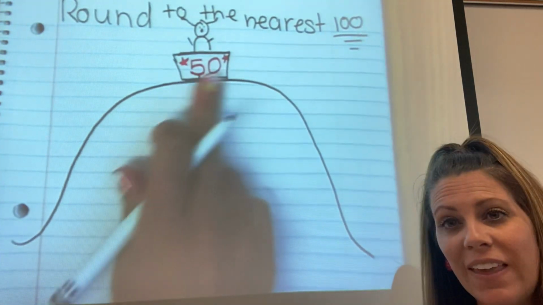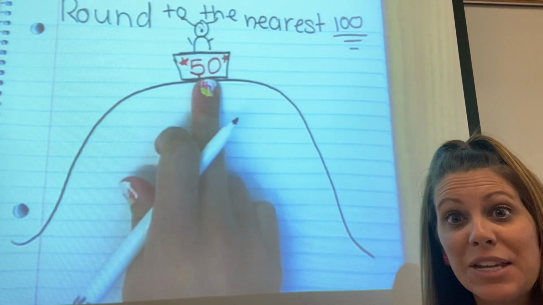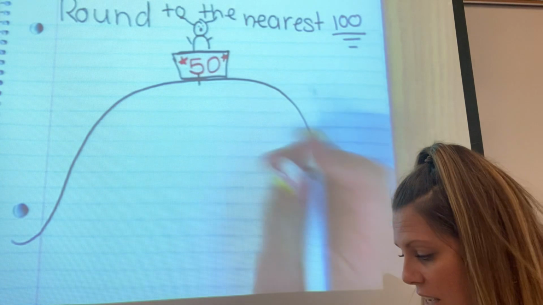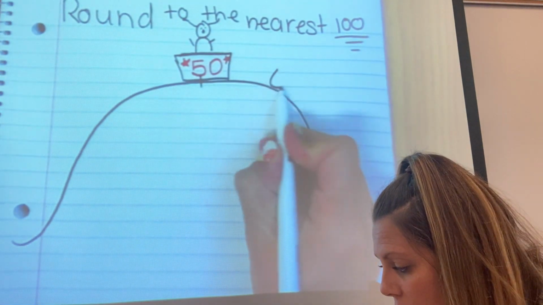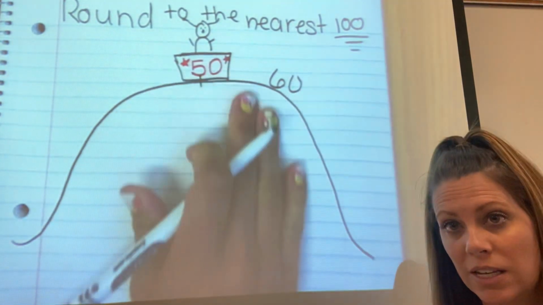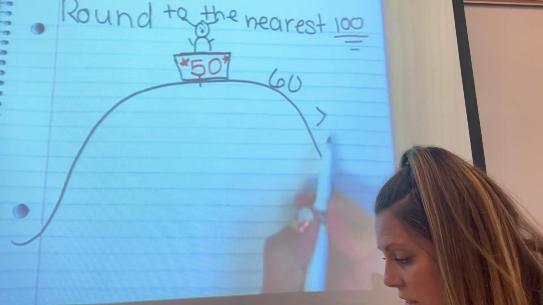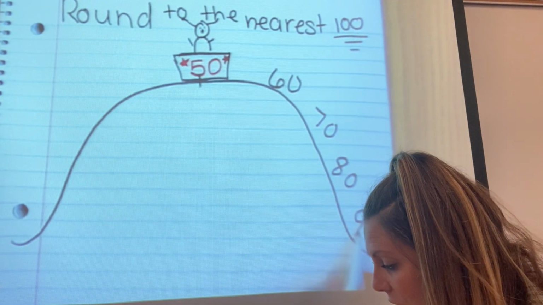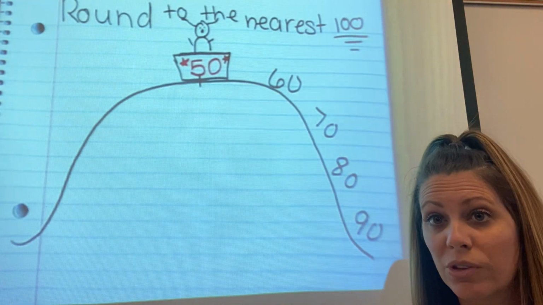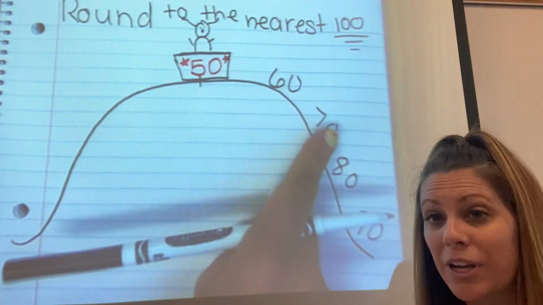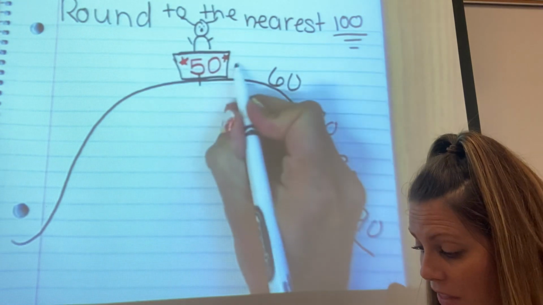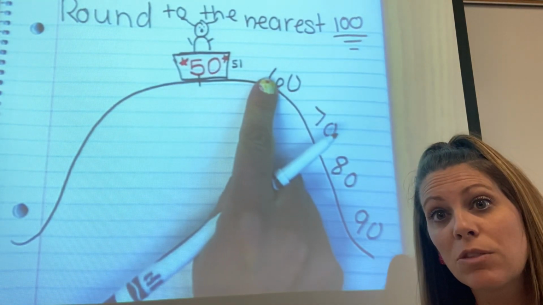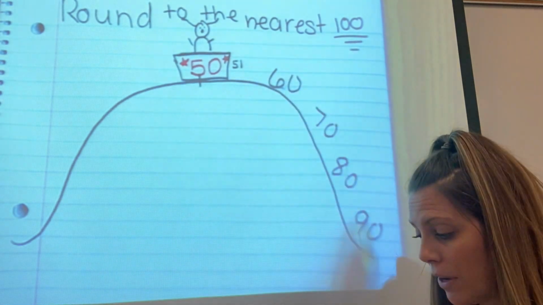So anything that has any 3-digit number that has 50, 60, 70, 80, 90, or this is really important, any number in between. So think about this. That'd be like 51, 52, 53, any number in between.